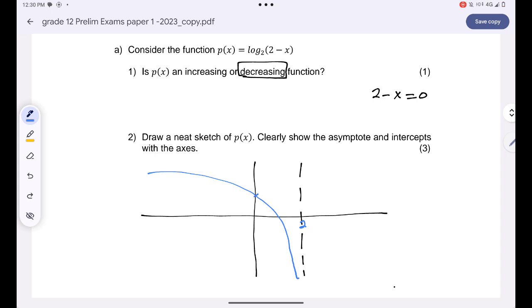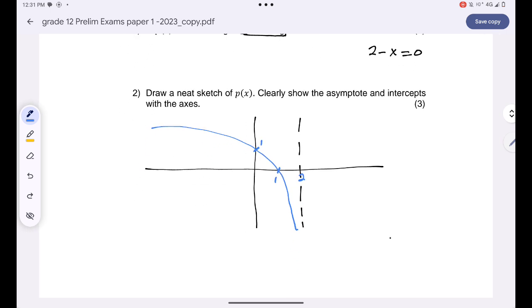Okay, and then the y-intercept over there, guys, just substitute 0 whenever you come across x. You will simply find 1 as your y-intercept, and the x-intercept is also 1. Let me just show you how I got those. I have y, 0, x-axis.